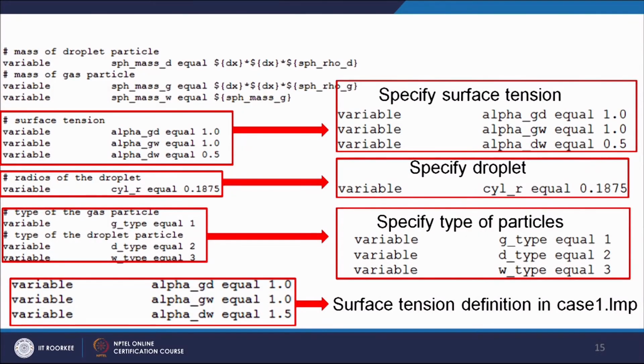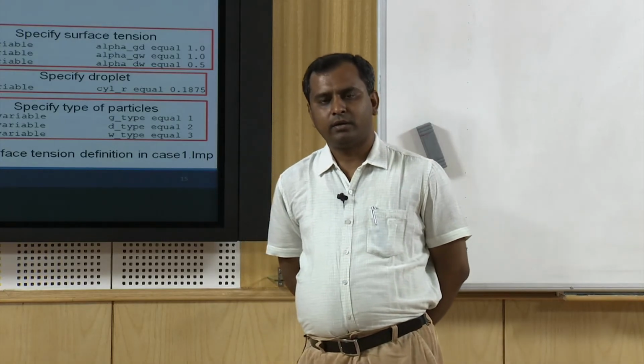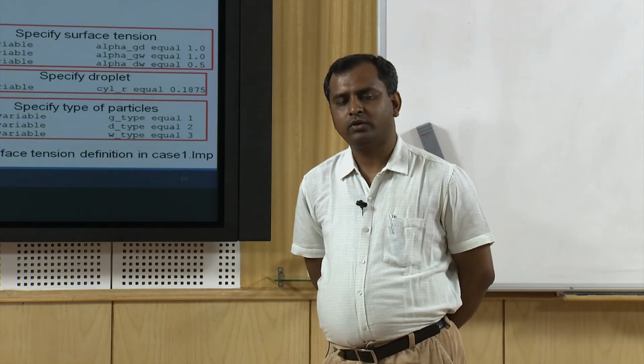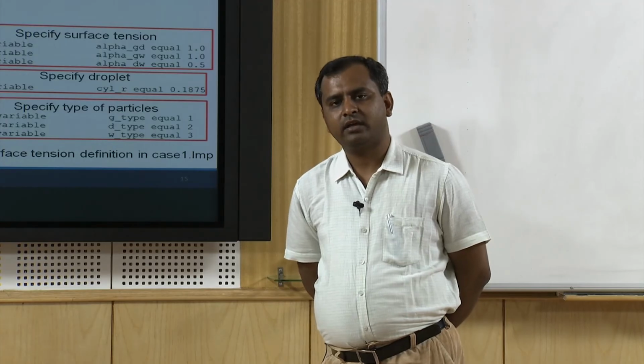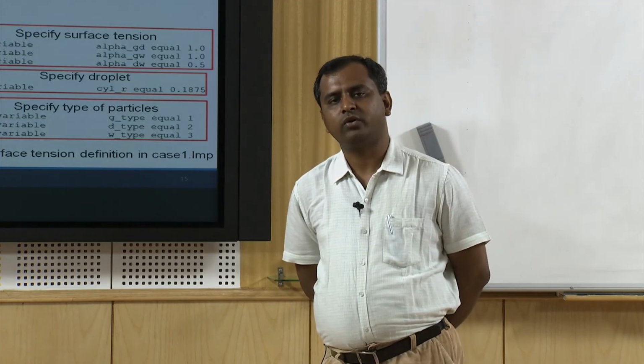Alpha is your surface tension over here: alpha GD between gas and droplet, here gas and wall, and here droplet and wall. These values are used in Young's equation. Using this we can evaluate the value of the contact angle.